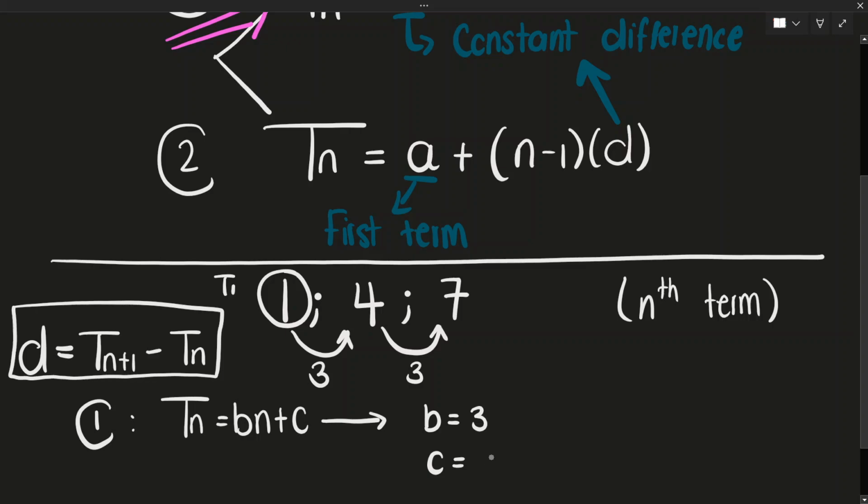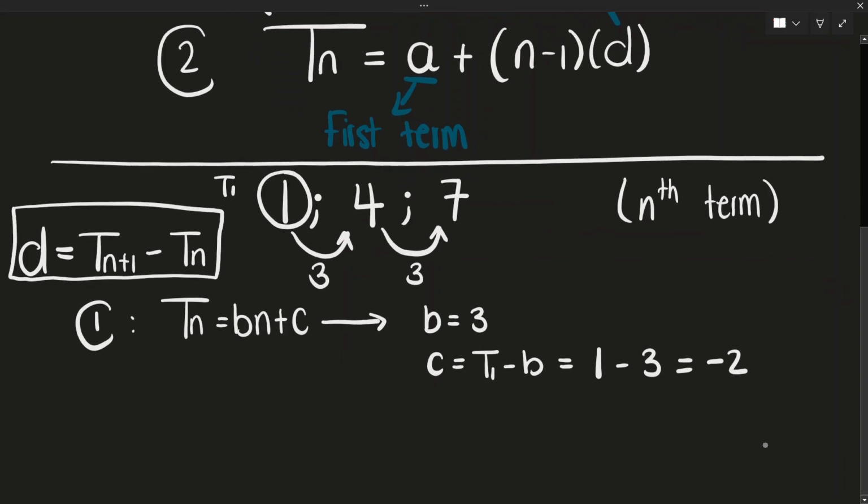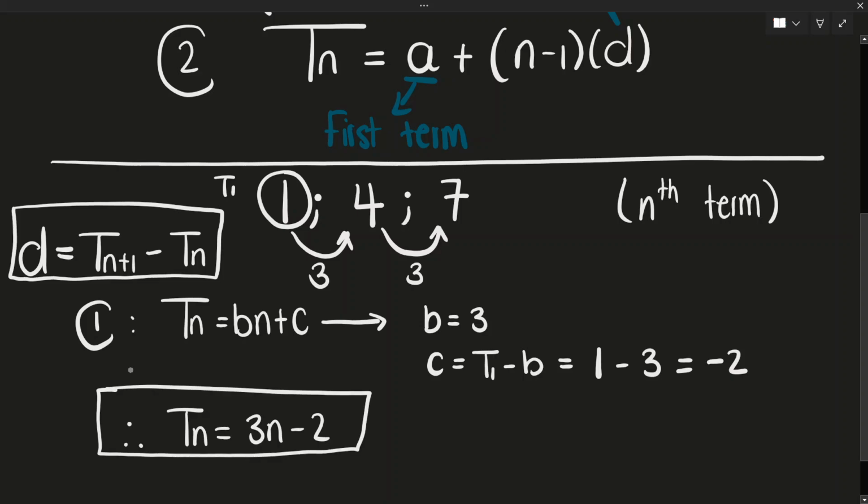So therefore, C is equal to T1 minus B. T1 is 1 minus the constant difference B, which is 3, which means that C is negative 2. So now when you write your final answer, you get Tn is equal to 3n minus 2. And that's the first way of doing it. Tn is equal to 3n minus 2.